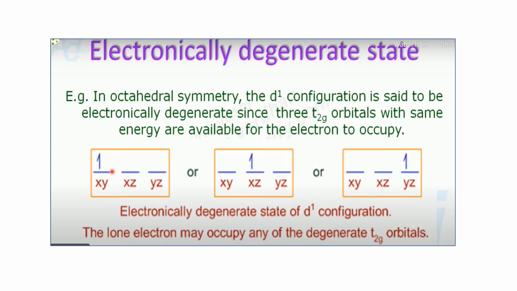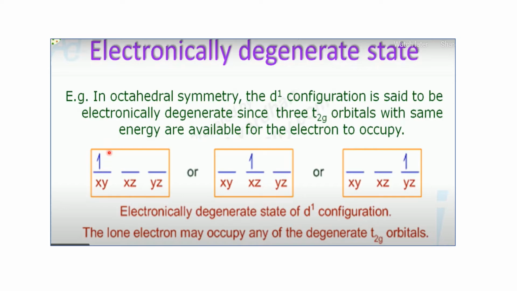One of the important terms in Jahn Teller theory is electronically degenerate state. Then what is an electronically degenerate state? For example, consider the case of d1 configuration with octahedral symmetry. That is, it contains one electron.